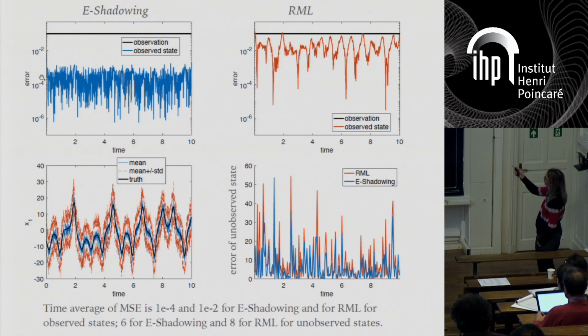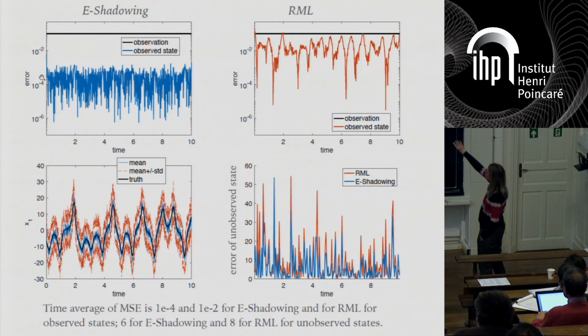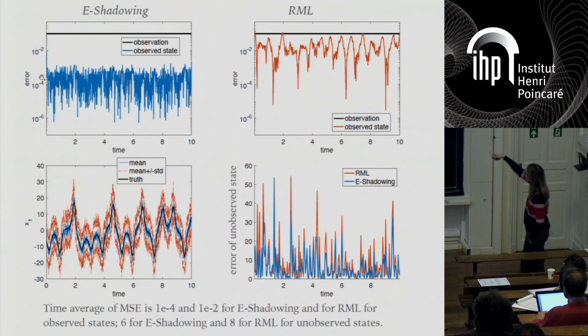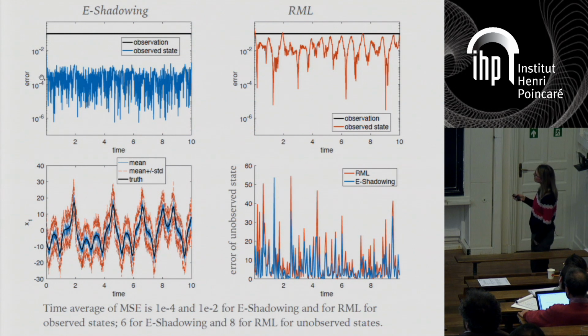What we observe is that the shadowing is outperforming the RML in the observed state, but also in the unobserved state. This is on the bottom right: the unobserved state. The blue is the shadowing and the red is the RML. RML is higher; I think it's 6 for E-shadowing and 8 for RML on average.